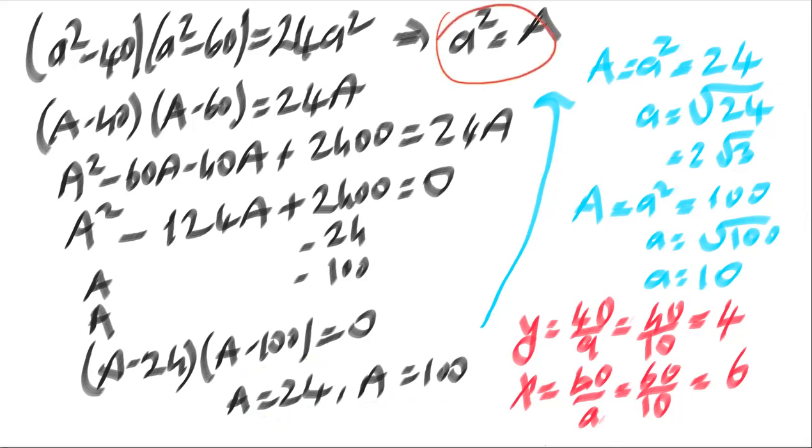But remember, A stands for A squared. Now let's solve each of them one by one. So if A squared is 24, A is root 24. And if we simplify, it is 2 root 3. Oh, sorry, this is 2 root 6. But anyway, the second one is A squared equals 100.